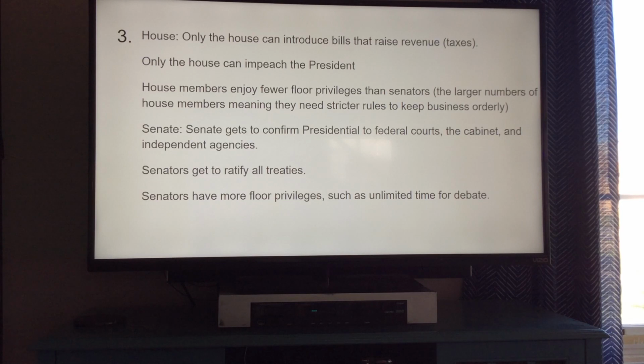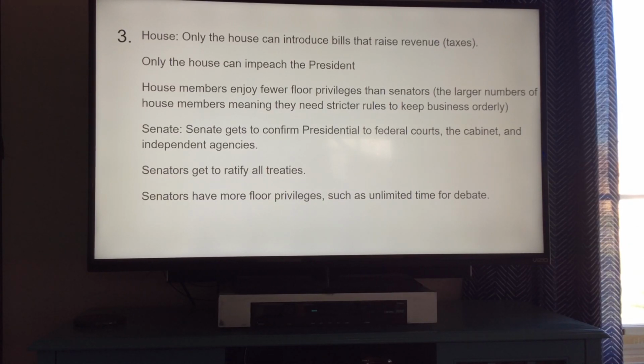There are certain things that are special about each house. They're not just carbon copies of each other with different numbers of people. The houses, because they have different numbers of people and because of the different things that the Constitution says they're supposed to do, have different privileges. One thing that is special to the House is that only the House can introduce bills that raise revenue or taxes.